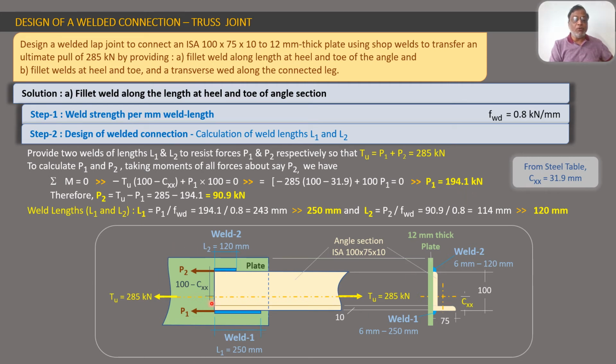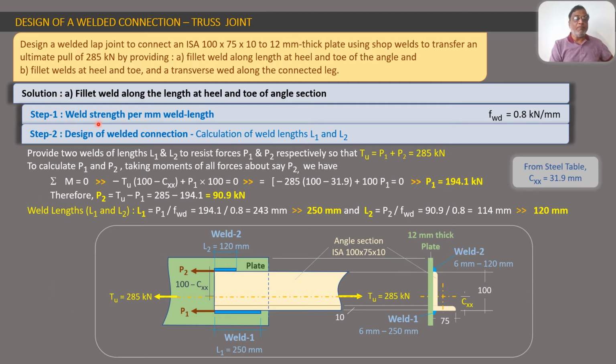So P2 should be the remaining force, that is 285 minus P1. Therefore P2 equals TU minus P1, that is 90.9 kilonewton. So P1 and P2 are 194.1 and 90.9.